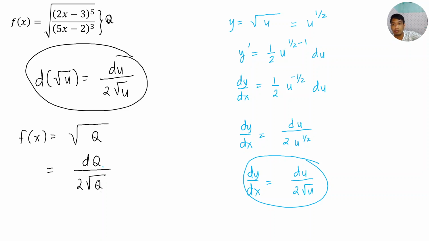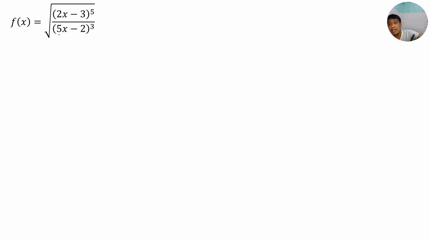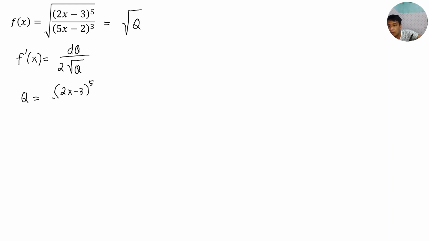So let us try to solve this given. Again, f of x is set as square root of q, as discussed in the previous slide. Then the derivative f prime of x is equal to dq over 2 square root of q. But q is equal to 2x minus 3 to the 5 over 5x minus 2 cubed.